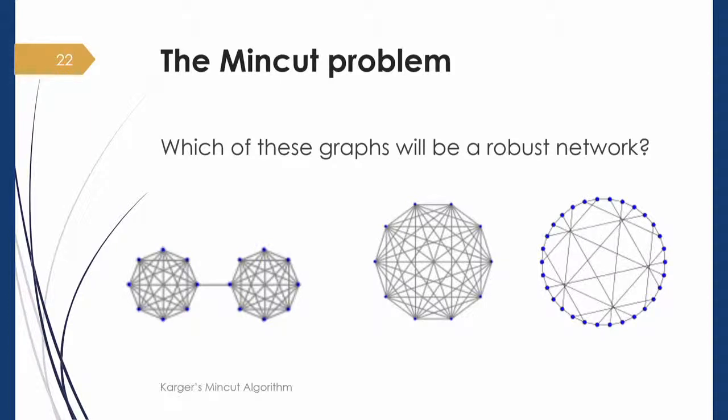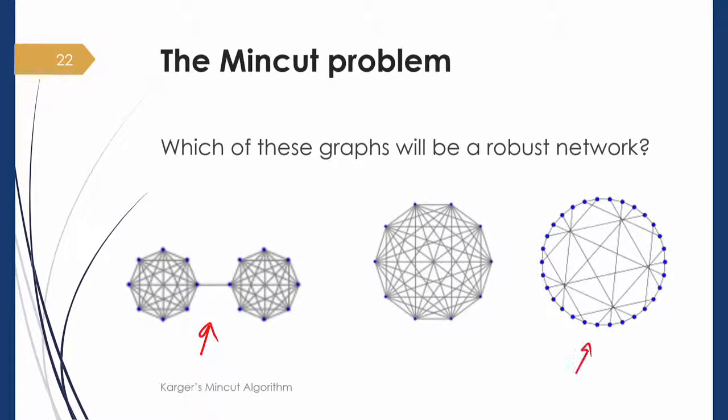Here in this slide, we have three graphs, and if these were network graphs and you were concerned about the robustness of the network, how easy it is to disconnect and things like that, quite obviously you will notice that this graph is very bad.